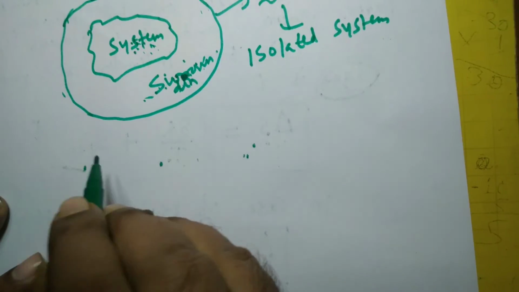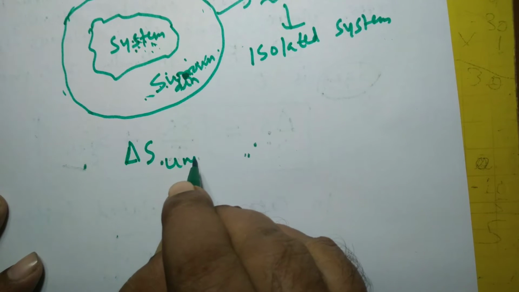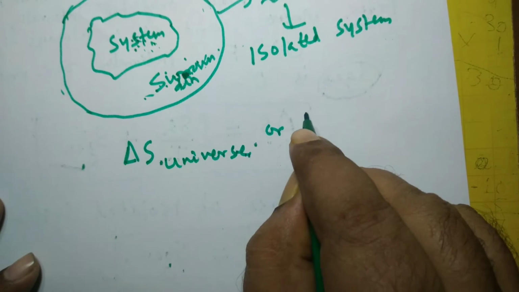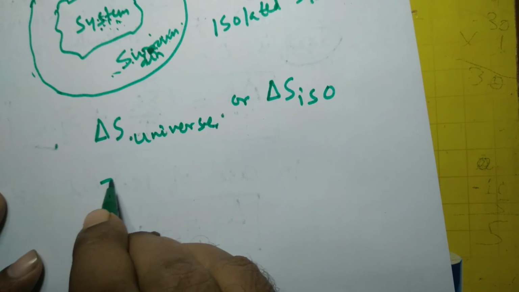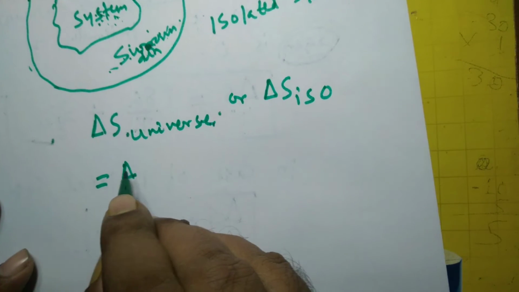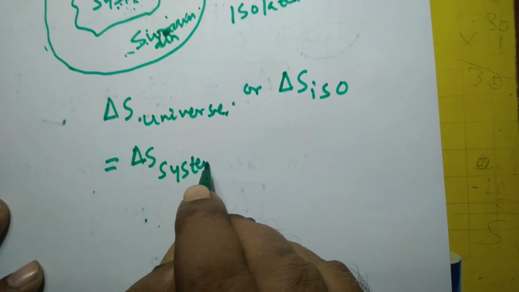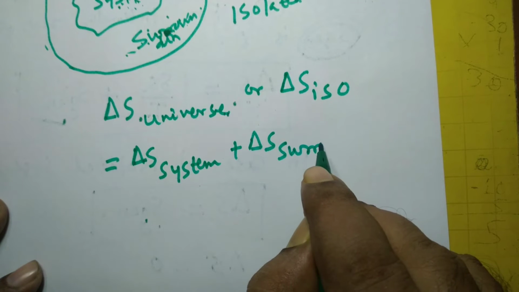So if you calculate delta S of this universe, or isolated system, this will be equal to delta S system plus delta S surrounding.